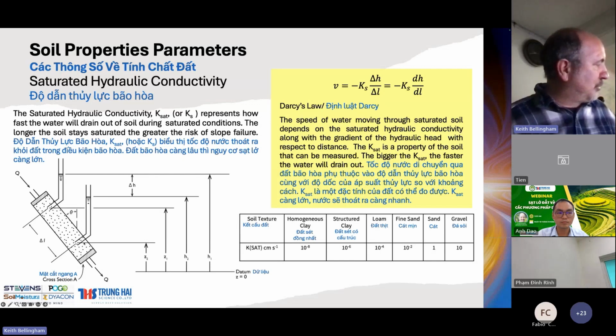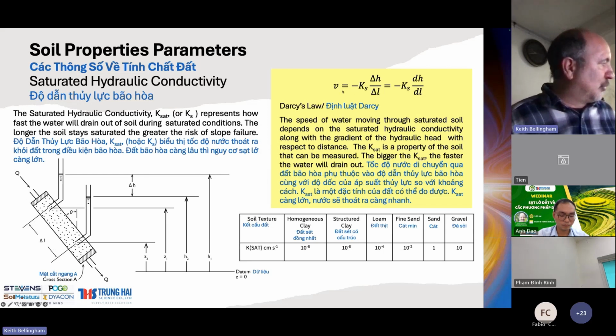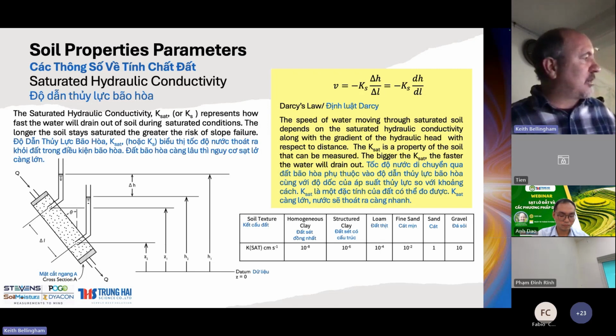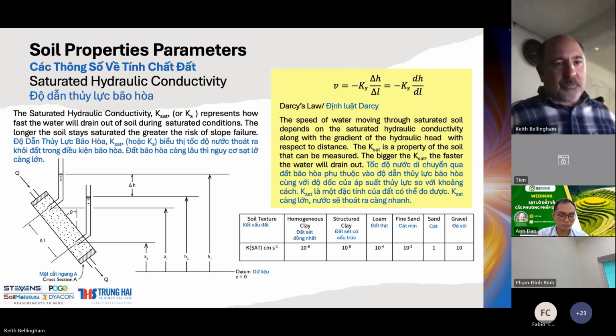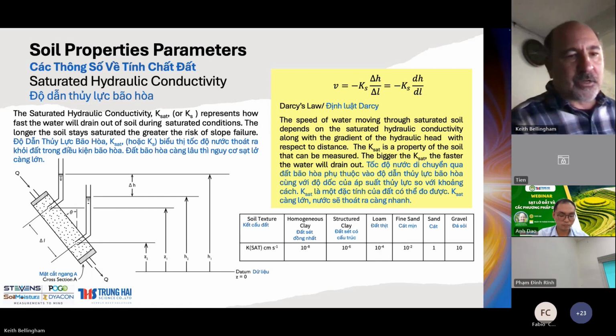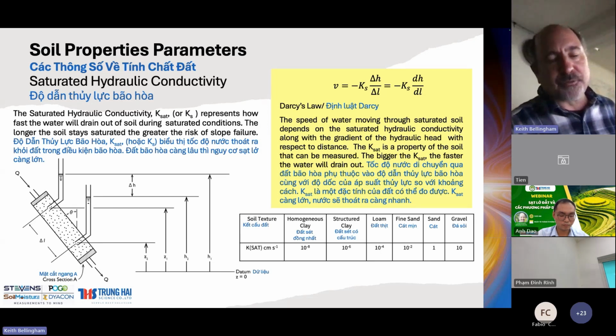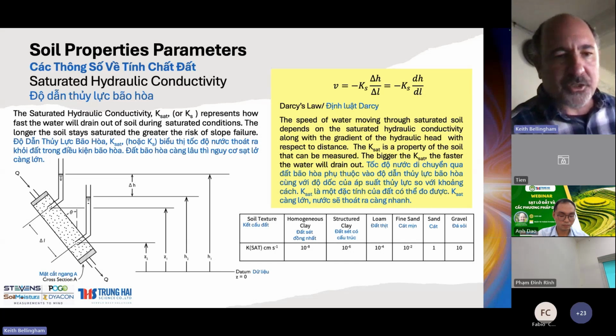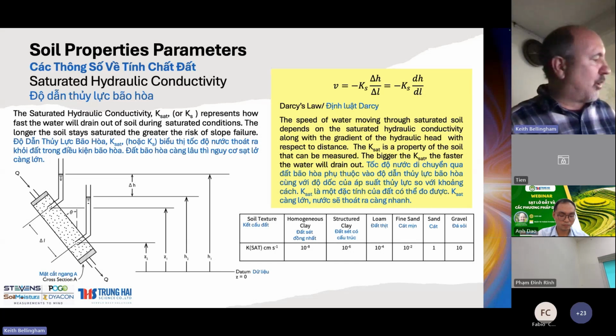If this was completely saturated, with the hydraulic head, or the water level, in these two pipes here separated by this distance, you can use this formula to calculate the velocity of the water moving through the material. So the saturated hydraulic conductivity is a factor that's used to determine drainage and how well water moves through soil.